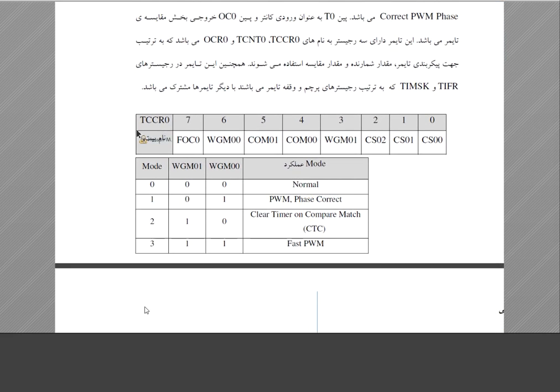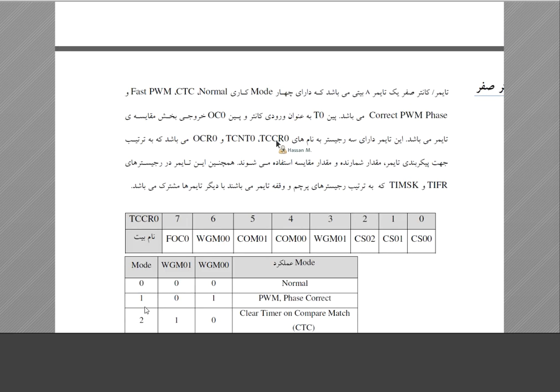Here we have 3 registers. TCCR means timer counter control register. TCNT means timer count. Each time, the value of the timer is stored in this register.